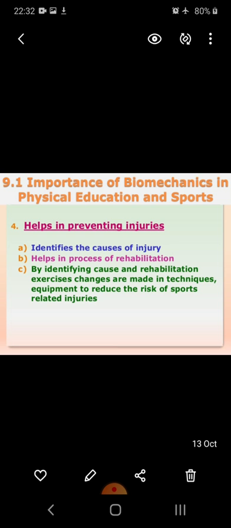In fact, biomechanics is useful in identifying what forces may have caused an injury, how to prevent the injury from occurring or reoccurring, and what exercises may help in the process of rehabilitation of injury. Biomechanics is used to provide the basis for changes in techniques, equipment, and training to prevent injuries.